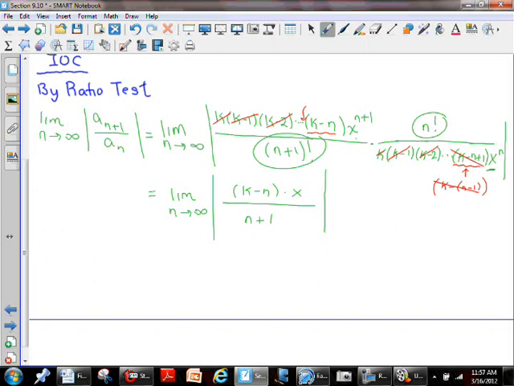Now, as far as finishing up this limit, I'm going to choose to separate it just a little bit. In other words, consider the k minus n over n plus 1 factor or absolute value separate from the absolute value of x, and basically do two separate limits.